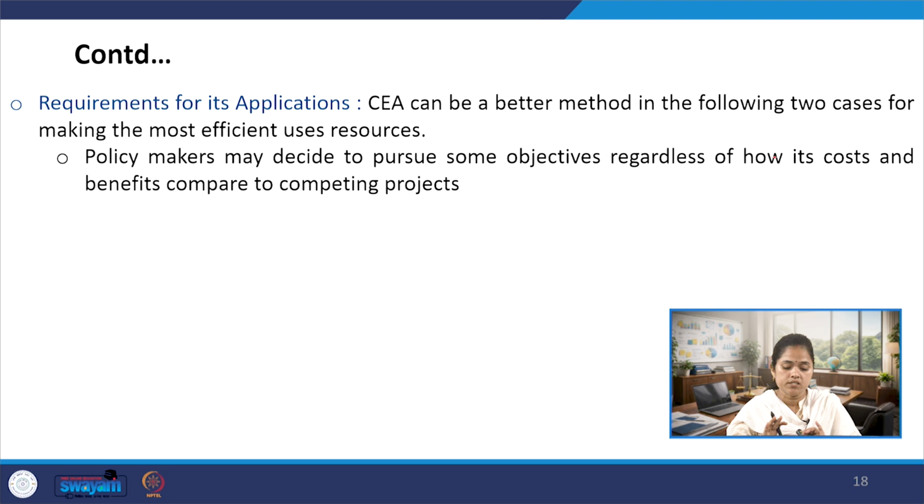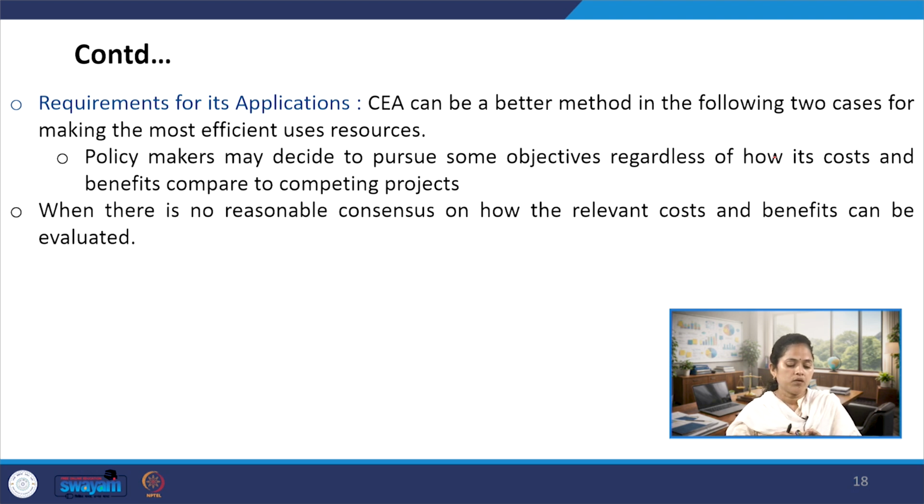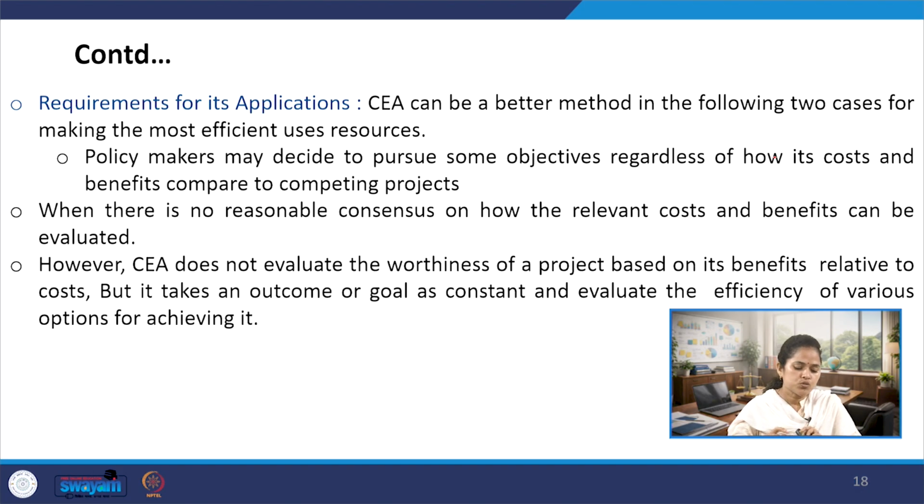There, cost effectiveness analysis would be appropriate. And the second case could be when there is no reasonable consensus on how the relevant costs and benefits can be evaluated. In those cases, cost effectiveness analysis would be a better one.